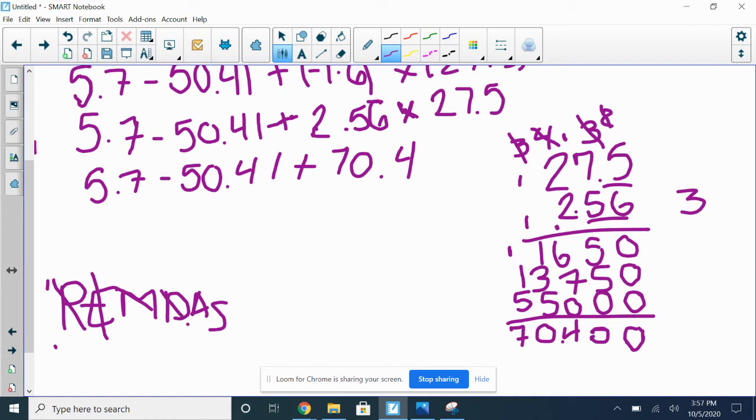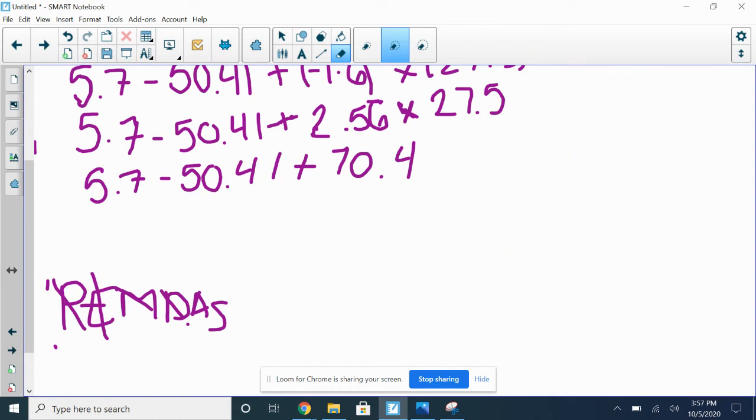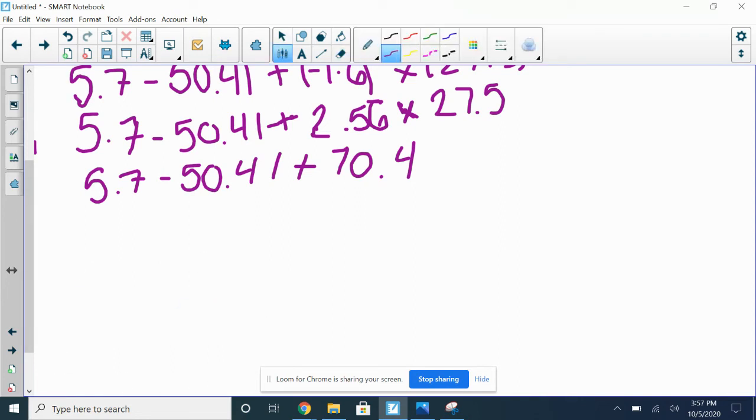Addition and subtraction. Now that I have addition and subtraction, we are just going to go from left to right. And I'm going to erase this because we know all we have left is addition and subtraction. So when we are adding and subtracting, this is just a little bit of a review for everything.